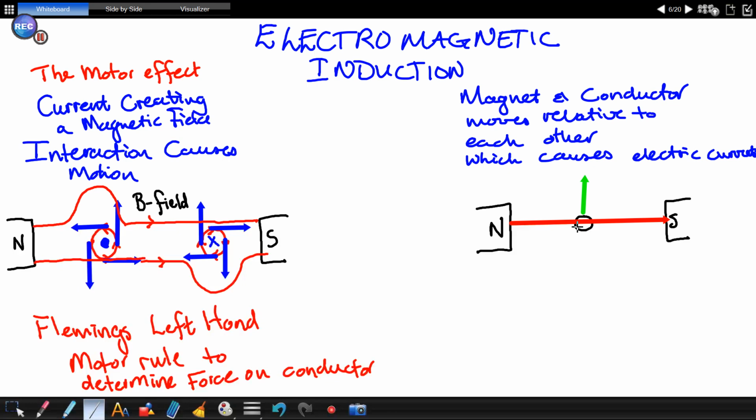Here, instead of using Fleming's left-hand motor rule, we're going to use Fleming's right-hand dynamo rule. Your right hand's fingers are held at 90 degrees. The index finger will point in the direction of the permanent magnetic field. Your thumb points in the direction of the motion, and then your middle finger will point automatically in the direction of the induced current.